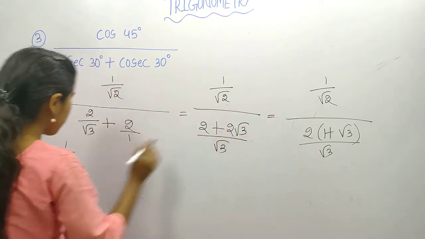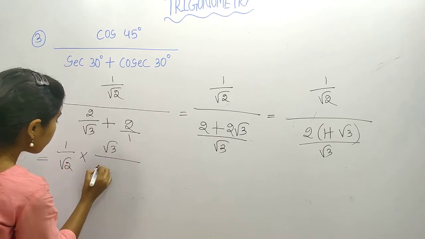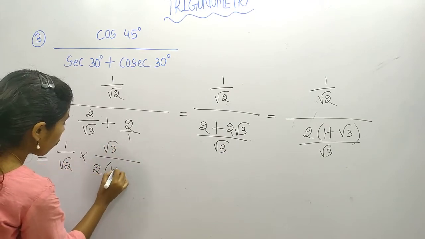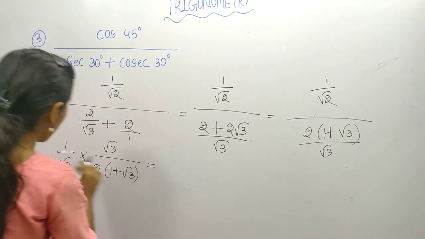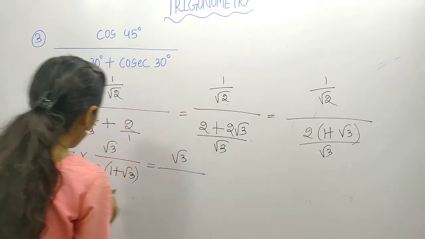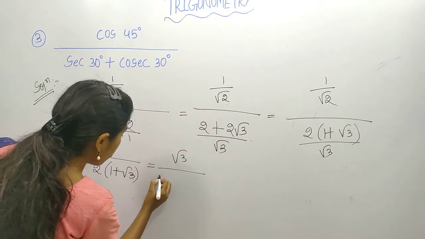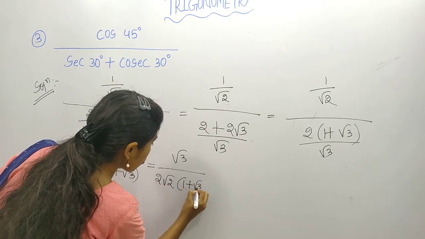It will go up, then it will become root 3 divided by 2 into 1 plus root 3. Now you see 1 into root 3 is root 3 divided by root 2 into 2, 2 root 2 into 1 plus root 3.